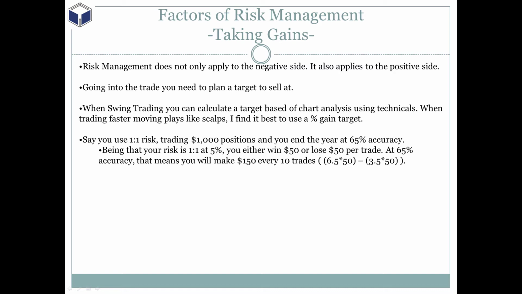When swing trading, you can calculate a target based off chart analysis using technicals. When trading faster moving plays like scalps, I personally find it best to use a percent gain target, just based off of what I'm wanting to make on that trade. So, say it's 10%. I get in at 50 cents on an options contract.